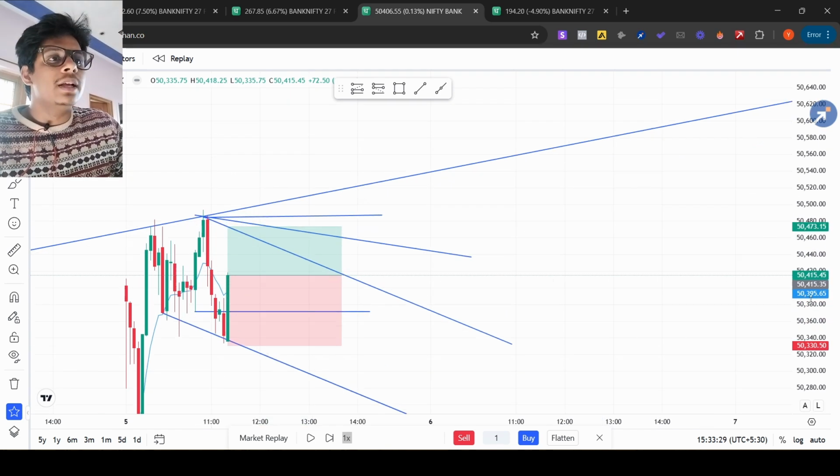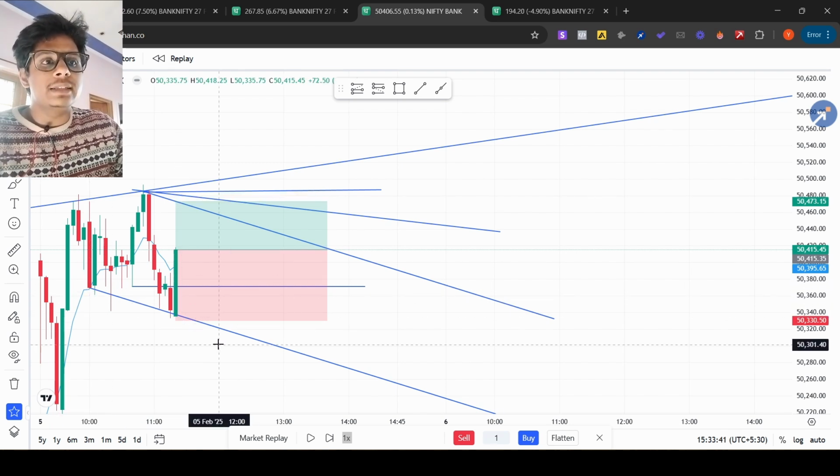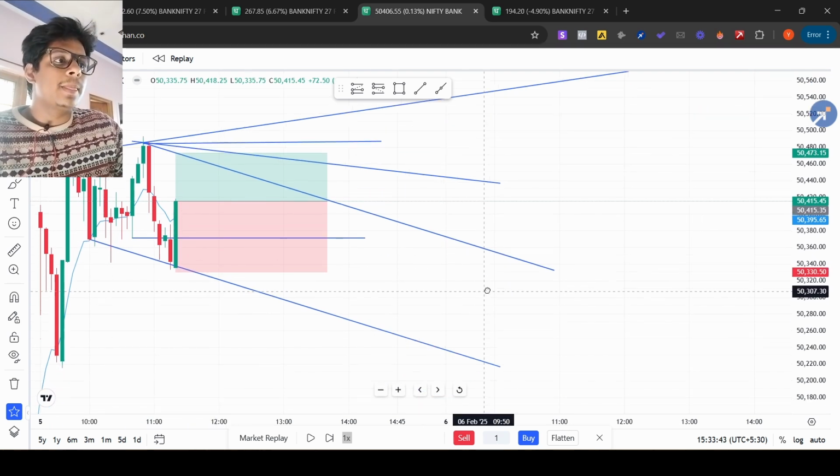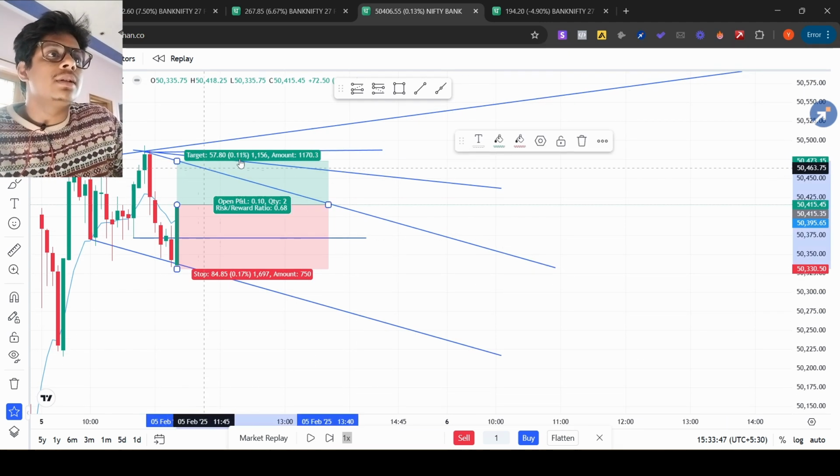This is a kind of trend line where there are two consecutive red and green candles, and their bodies are closed right at this trend line. So I think that this can be a trend line as well.